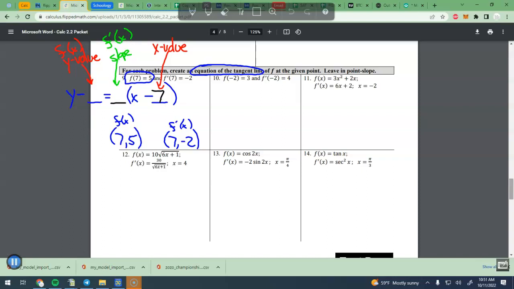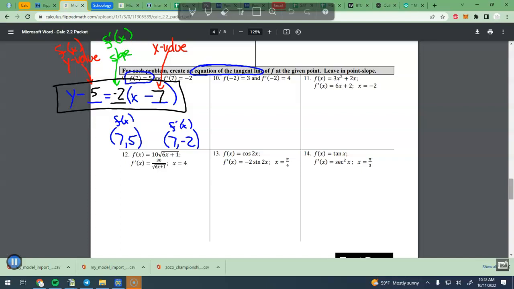So the value of the derivative is your slope. That's your f prime of x. And then the y value is from f of x, and that's 5. And that would be the equation of your line. Is that alright for that one?